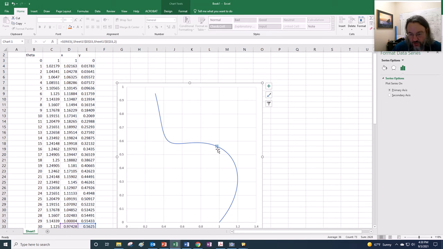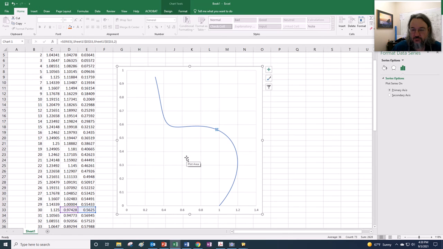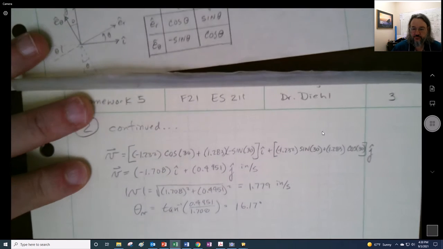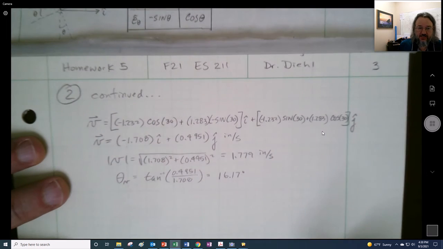So that's the point. That gives us a little bit of a better idea, since we were looking for the tangent to see if we believe that that angle is going to be correct right there. Of course, that's only plotting part of it, but that's got a lot more points to it. Anyway, that's the reason why I did it. It's like a sanity check.